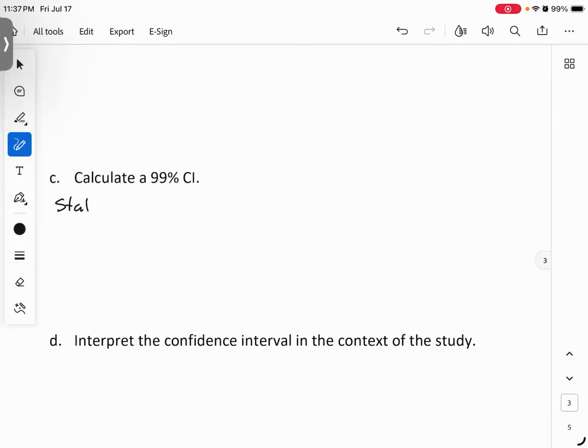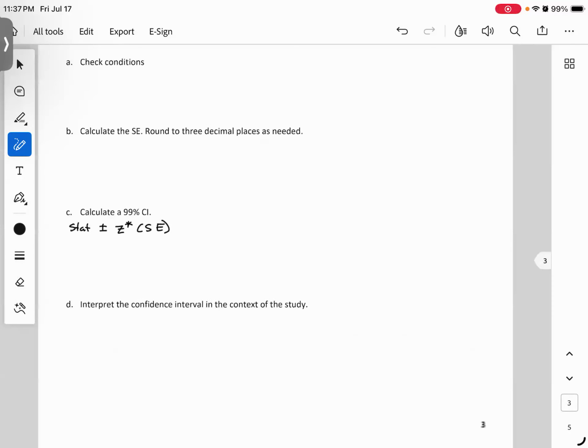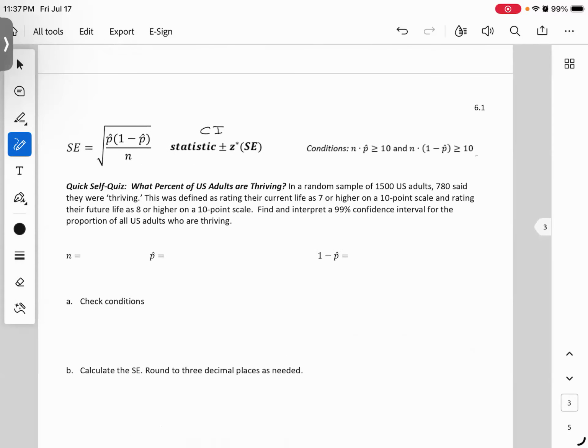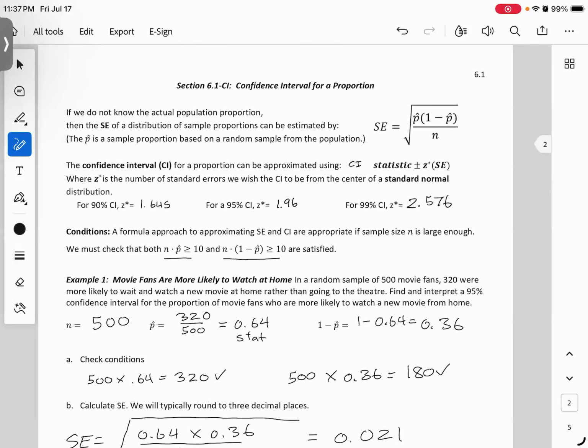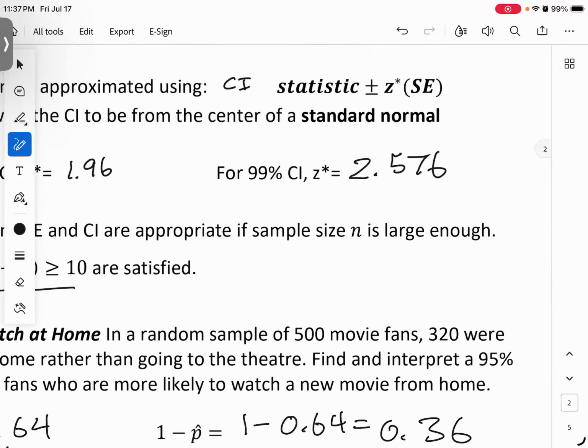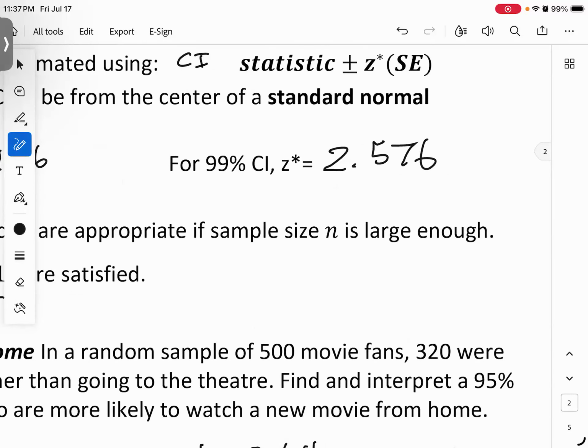So when you get down to doing the statistic plus minus z star, you'll have to go and look back and see what that is. It's not mentioned here on the test. It will be, but it's right there. It's the 2.576.